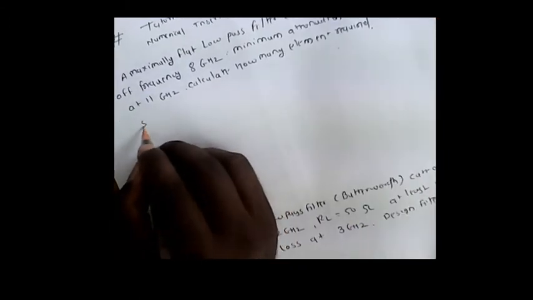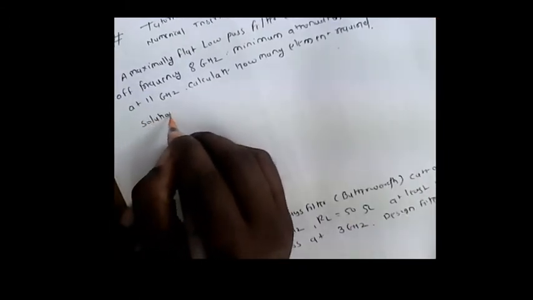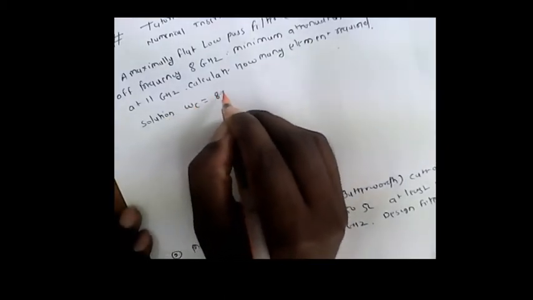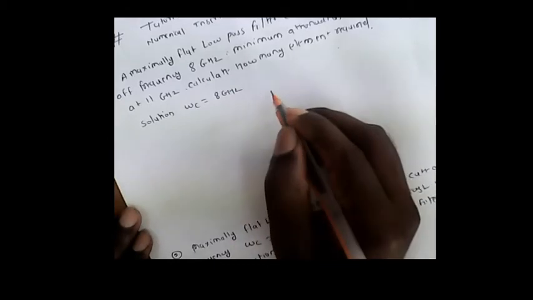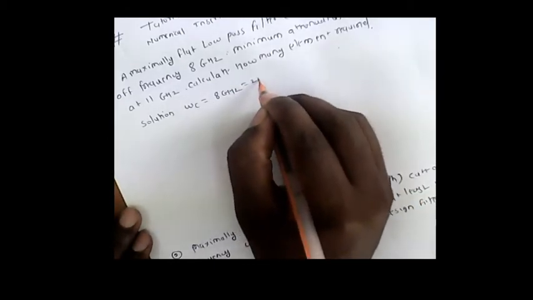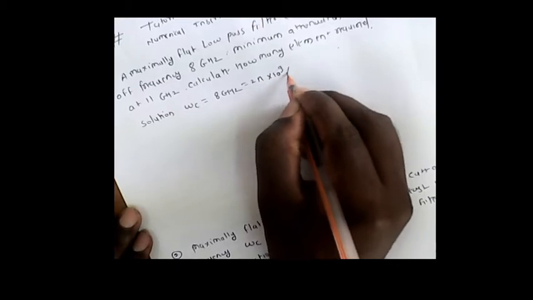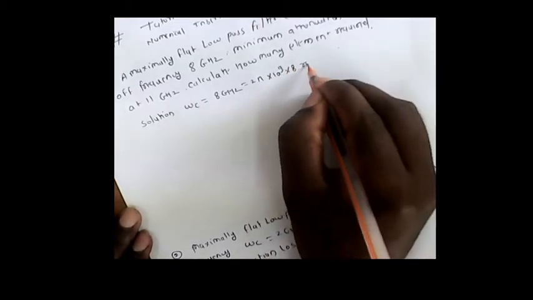So in the solution first we write down what is given. The cutoff frequency is 8 GHz, that is 2 pi into 10 raised to power 9 radian per second.